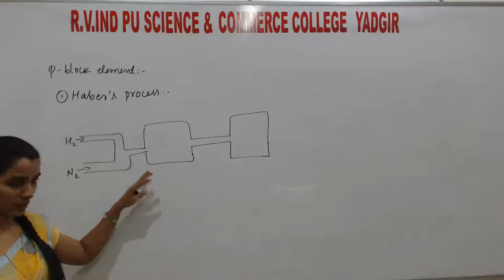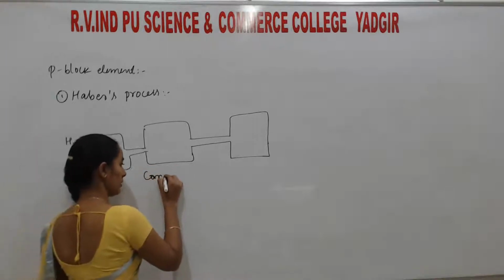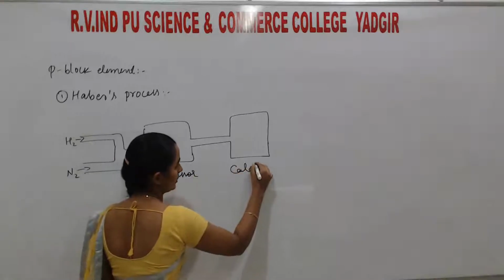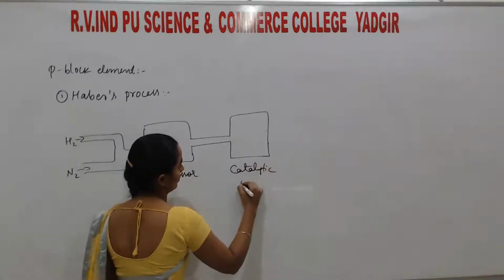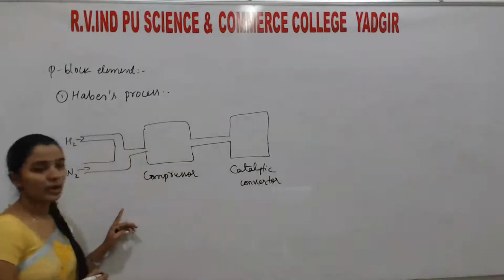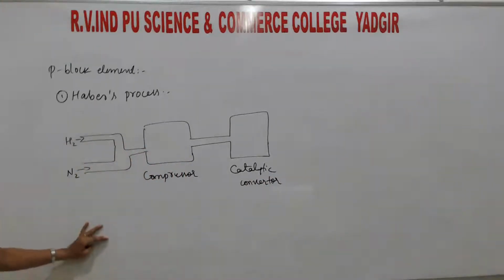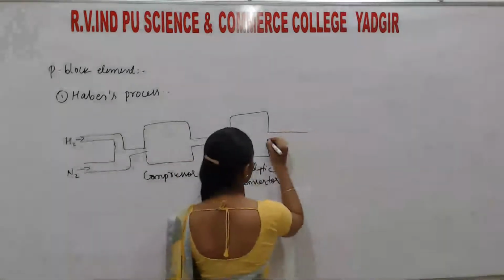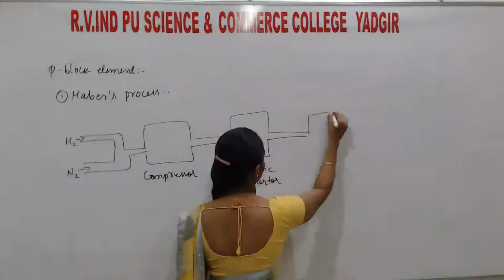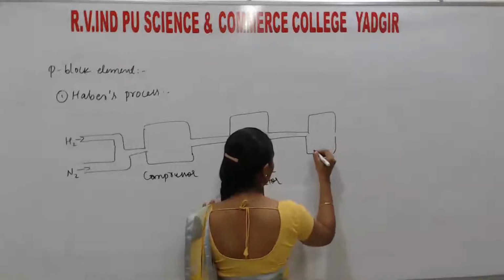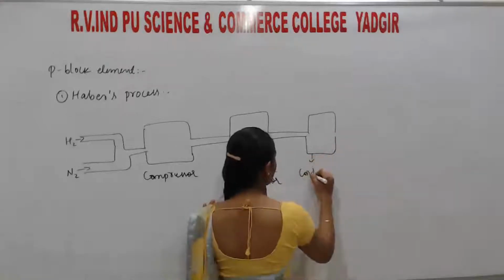And what are these? Here it is the compressor. Here it is the catalytic converter. Next, here it is the condenser.